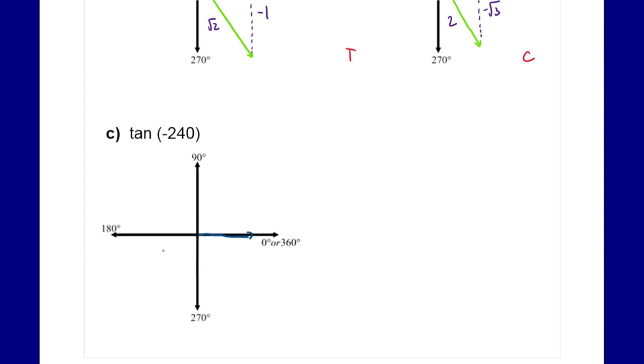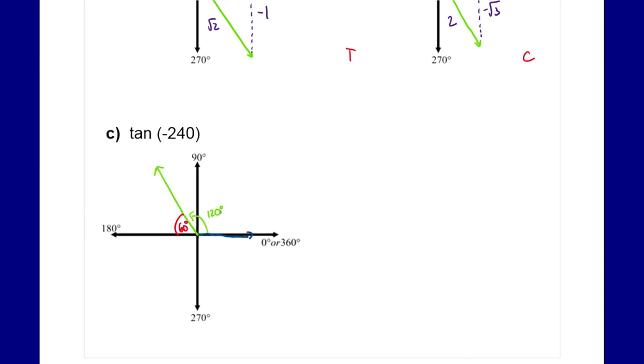So negative 180, so 240 will be somewhere in here. Or I could think of it as, if it's negative 240, then it would have to be a positive 120. Either way, my reference angle here is going to be 60.